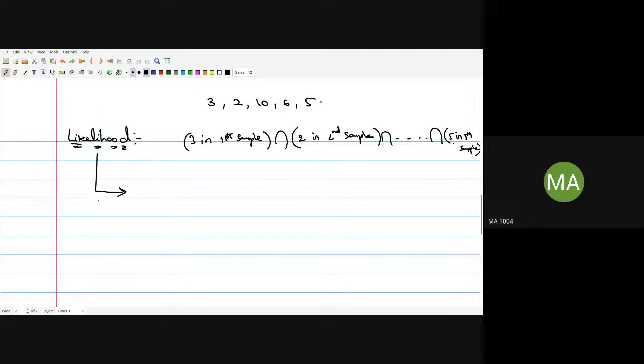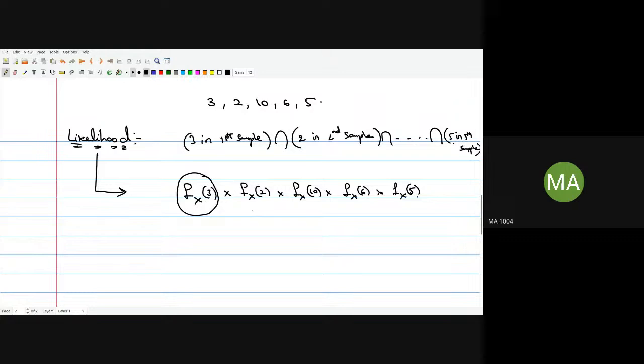So likelihood is basically fx of 3 times fx of 2 times fx of 10. This is the value of the density function corresponding to the value 3, that means the density of getting 3 in the first sample.